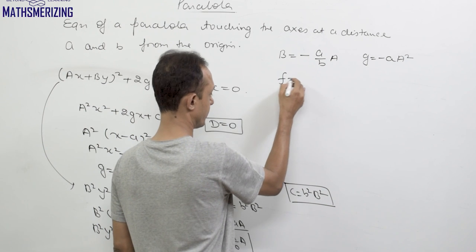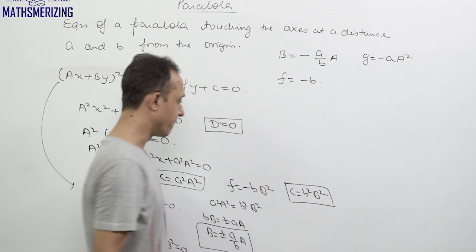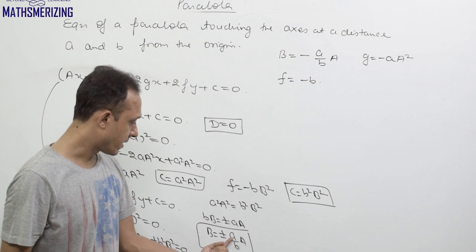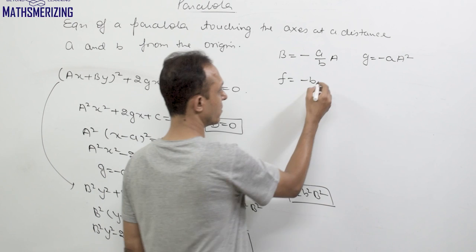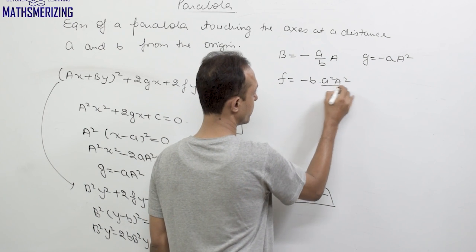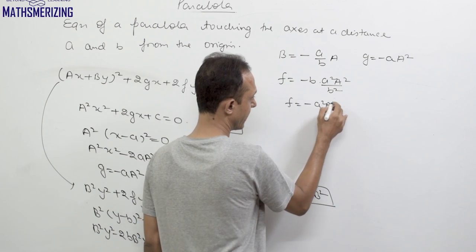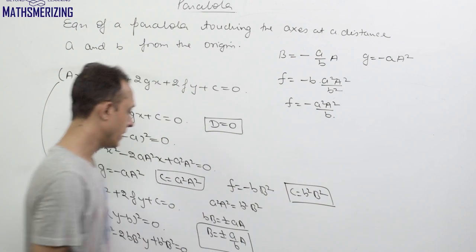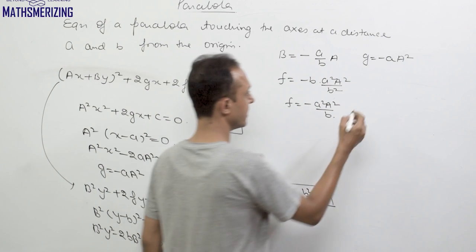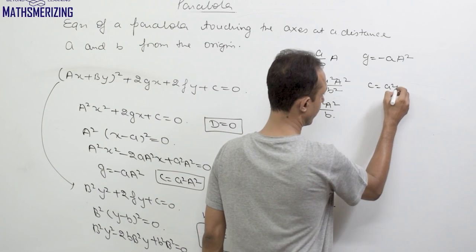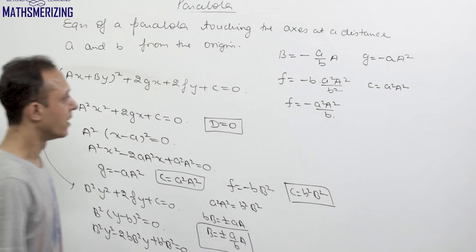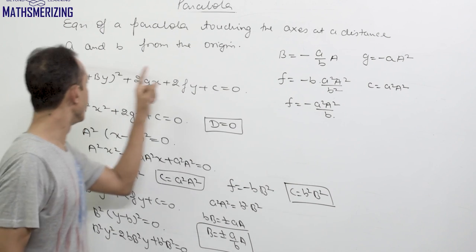Now what's f? f is minus b into b square, and we can write b square as a square upon b square. So I'll write f as minus a square upon b, and then we can simply write c as a square into a square. Now we'll substitute these values in this first equation.